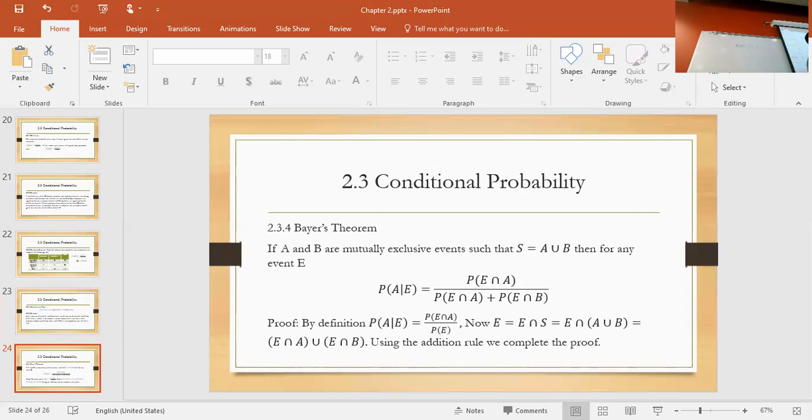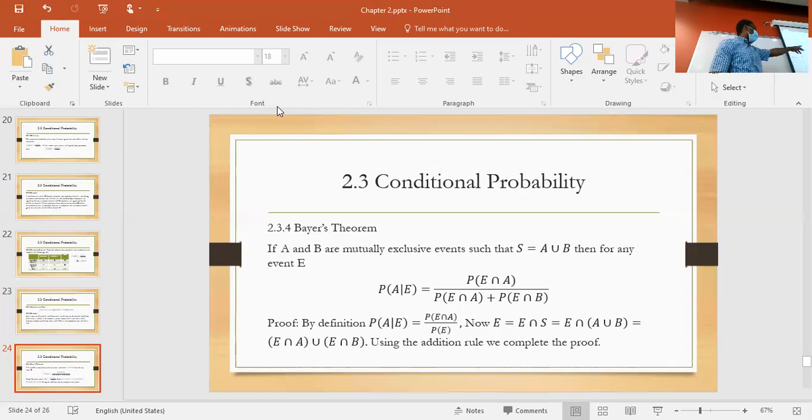First, we want to assume that S is partitioned into two sets, A and A complement. So I'm going to write it differently from what we have on the board, but based on what we are saying here, A and B are mutually exclusive and their union makes S. That means A is a complement of B and B is a complement of A. Do we get that?